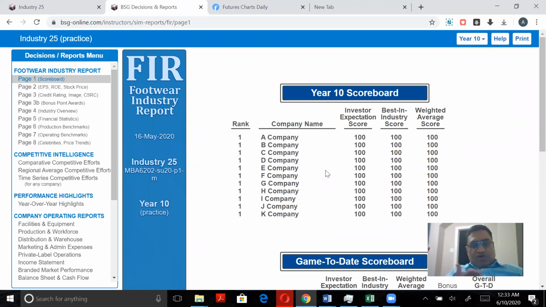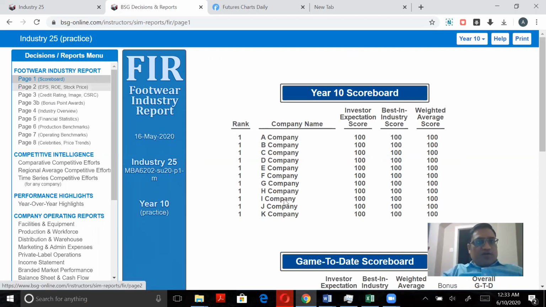The significance of this report is you can find out what your competitive position is. Which team is on the top, where do you stand, where is the bottom one, and where is the average for the different companies. So this report gives you the rankings of companies.